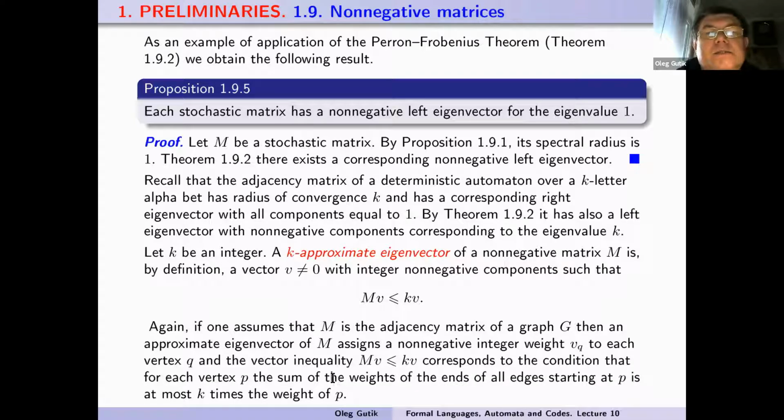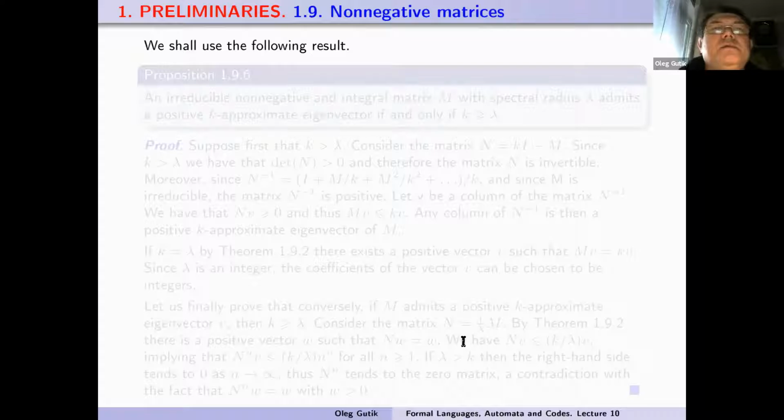And the vector inequality M V less or equal to K V corresponds to the condition that for each vertex P, the sum of the weights of the ends of all edges starting at P is at most K times the weight of P. We shall use the following result.